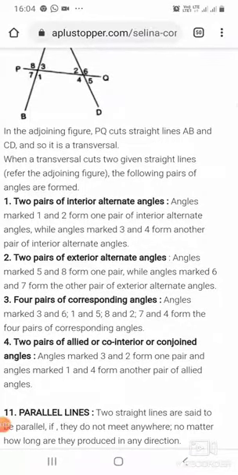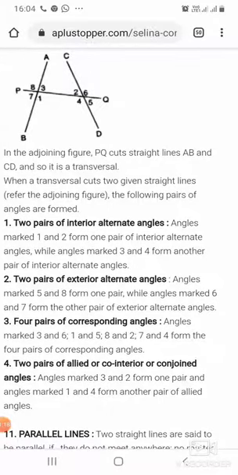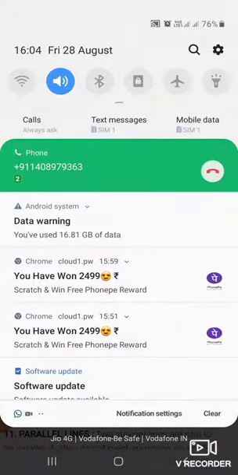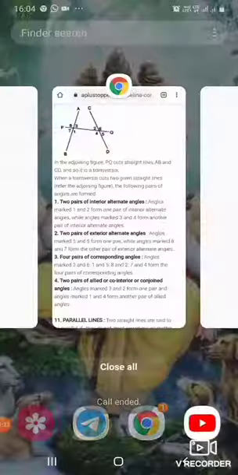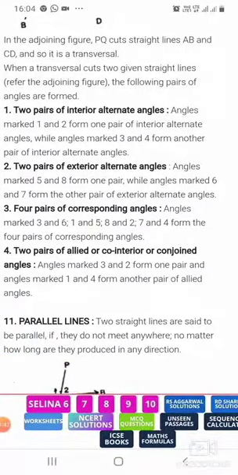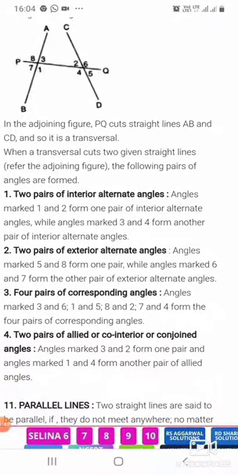If you take 3 and 2, for example, they are called co-interior or conjoined angles. So here 3 and 2 are conjoined. Then, there is one more pair. 2 pairs of allied, co-interior or conjoined angles here: 3 and 2 form one pair, and angles marked 1 and 4 are also called conjoined angles.